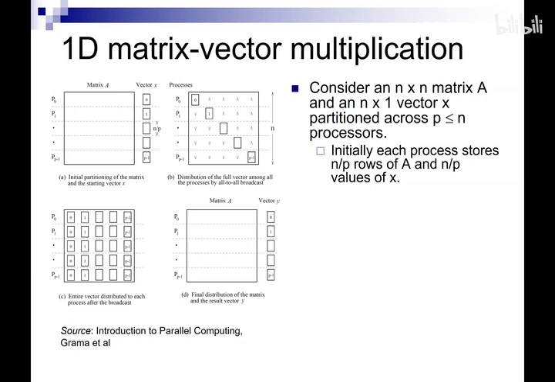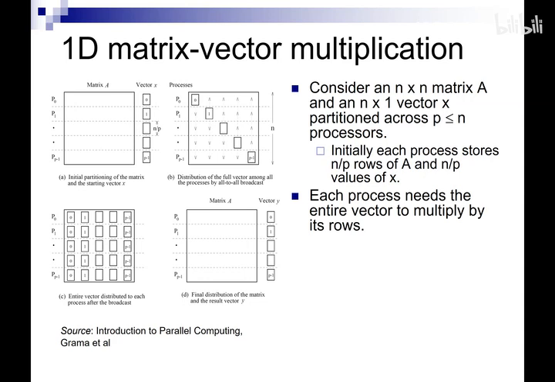Likewise, for the vector, we also assume that the vector is distributed among the processors. Initially each process is going to have n divided by p values of this vector x. Each process has several complete rows of A, however, it's only got part of the values of x, so in order for a process to do the matrix vector multiplication, we're first going to give each process the entire vector x.